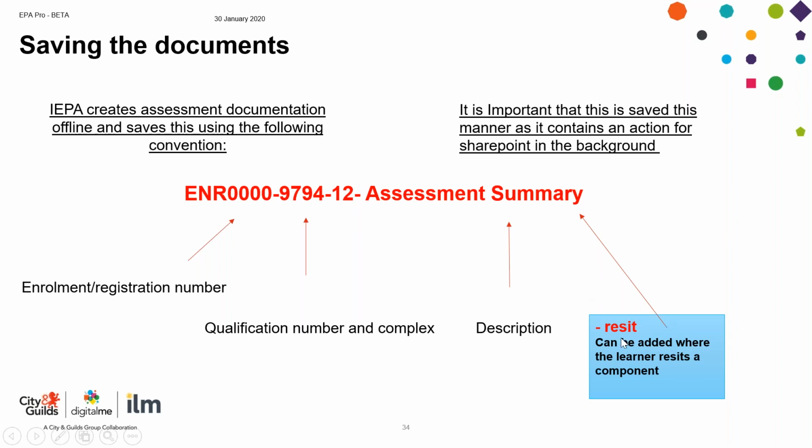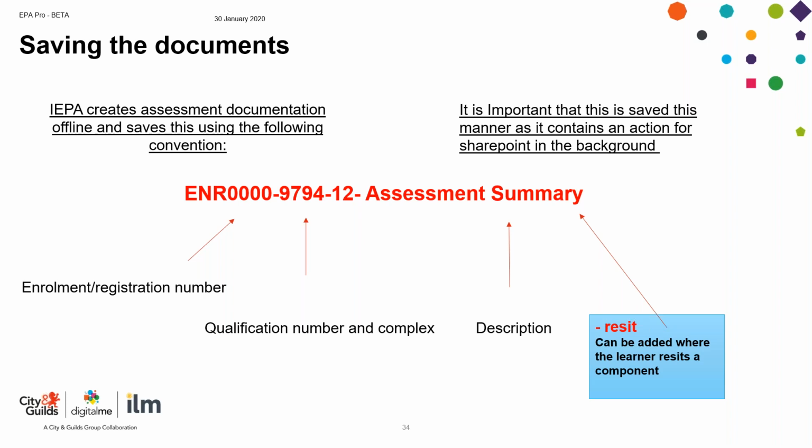If it's a resit document, then we'd like you to add resit to it. When the IEPA is doing the initial assessment, they will save all of the documents in SharePoint. If they need to make any amends, they will save the new documents in SharePoint, and there is version control.